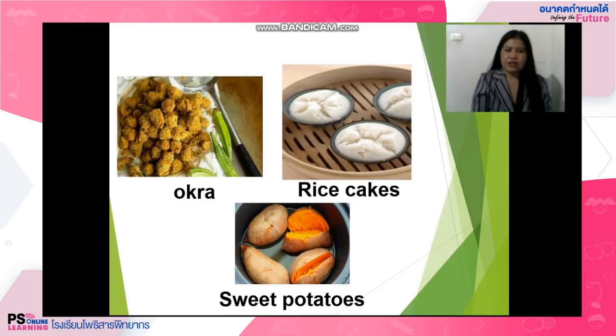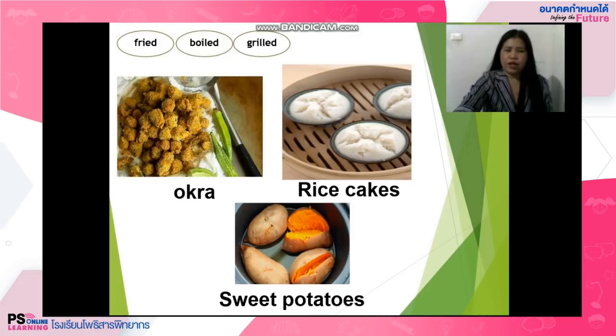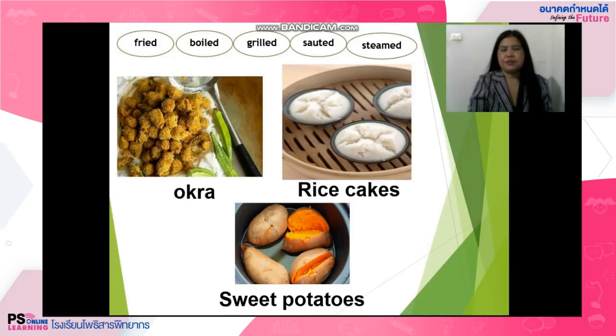Next, rice cakes, and then sweet potatoes. How are they cooked? Are they fried, boiled, grilled, sauteed, or steamed? Okay, write them on your notebook.